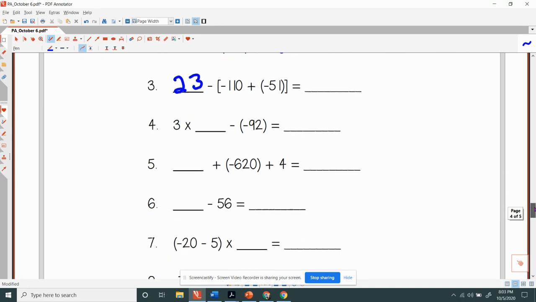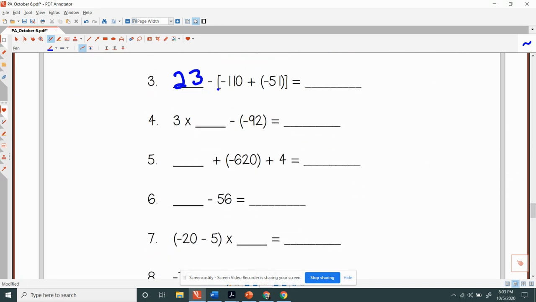And let's see what we've got. We've got subtracting a negative, but look what we have. We have these brackets here. So we have to work inside the brackets first. We have negative 110 plus negative 51. So we're going to add and keep the sign. So 110 plus 51 is 161, and it's going to be negative.